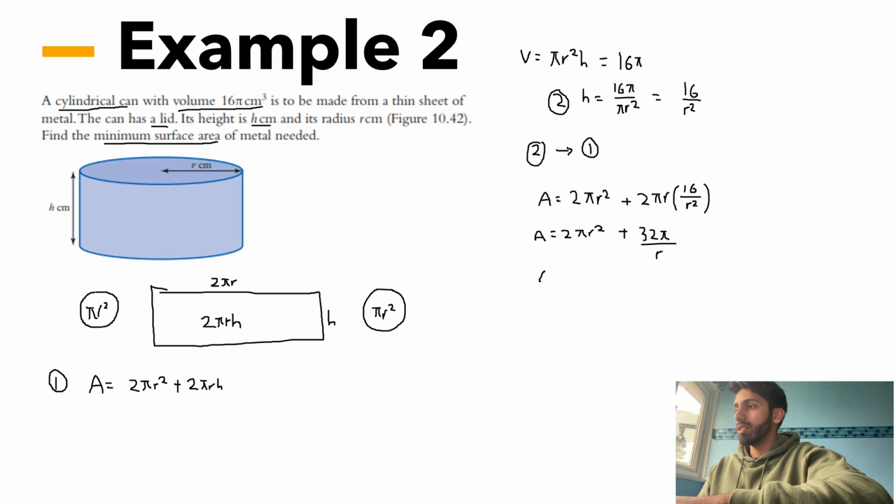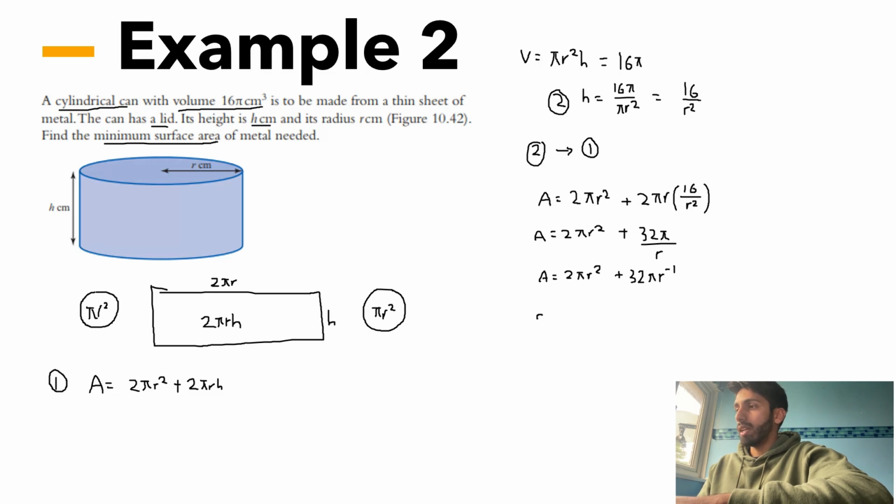So using our indices rule, we can say 2 pi r squared plus 32 pi r to the minus 1. So we're just bringing r to the same level. So now we are in a position to differentiate this.